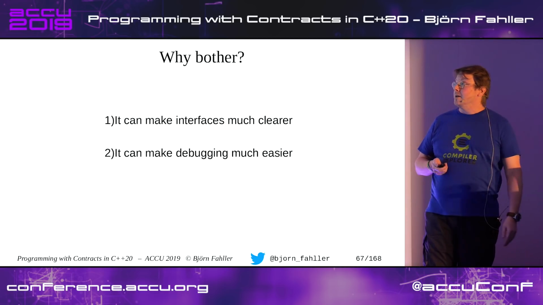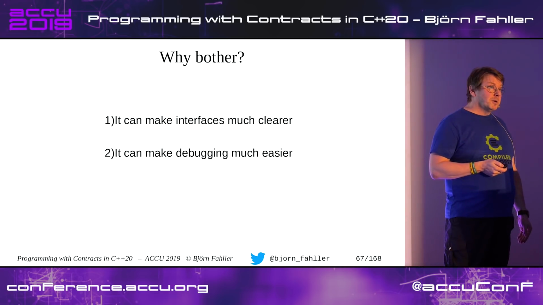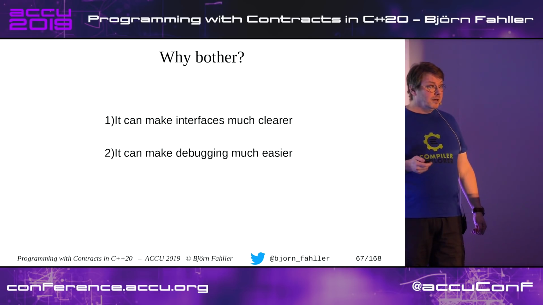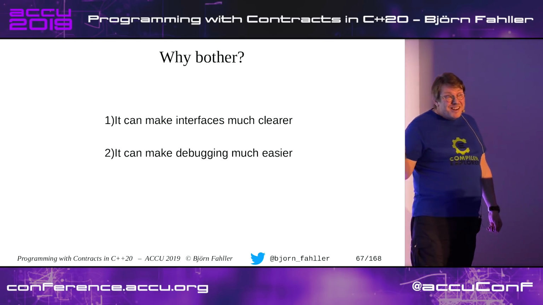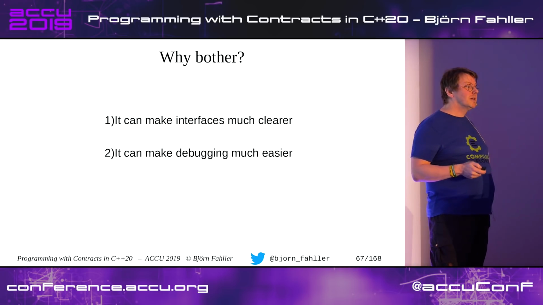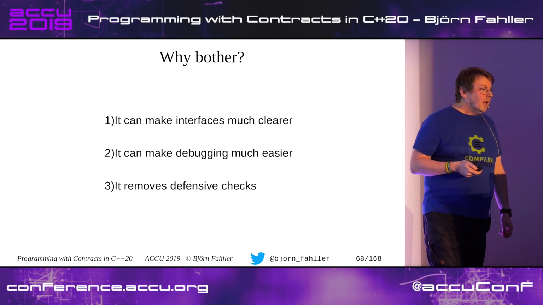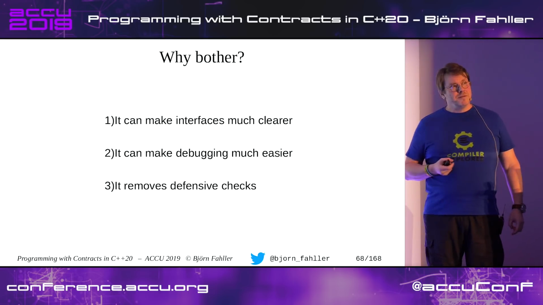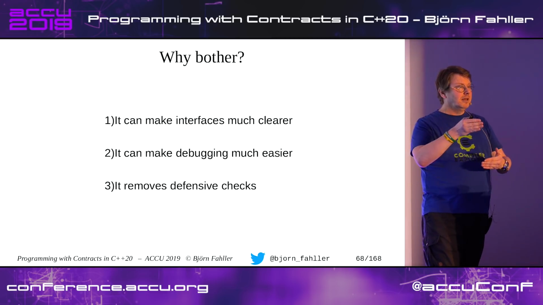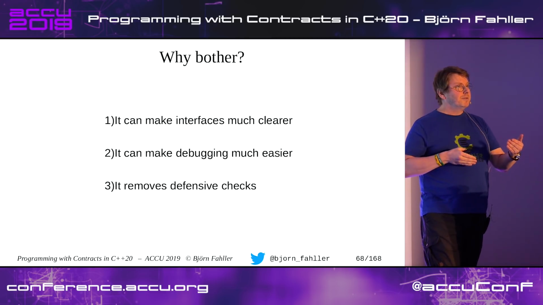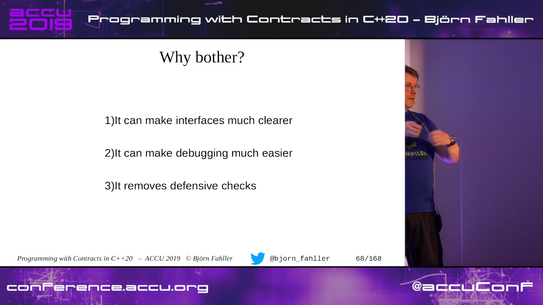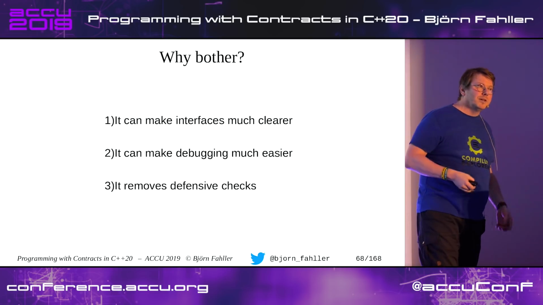It can make debugging easier, because a contract violation is by definition a bug, and it's pretty clear who the faulty party is, almost always. And it removes a lot of defensive checks, because you know much better what states and values are okay. You don't have to do runtime checks to see, oh, if this is a null pointer, then I must defensively return or whatever. It's not needed.